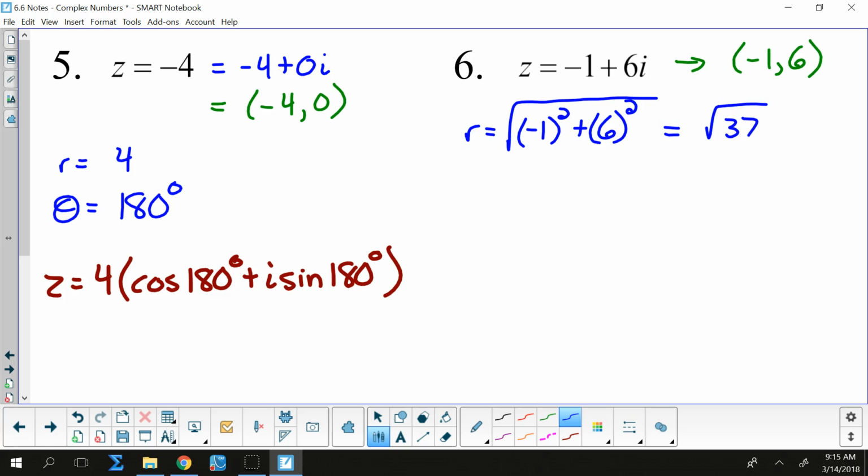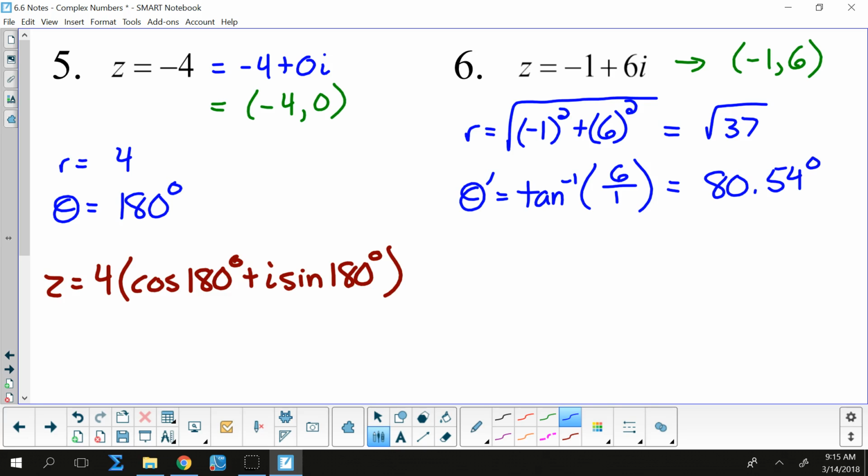Okay. Theta prime, because I'm not in quadrant number 1, is going to be the inverse tangent of B divided by A, dropping the negative sign. So that gives me the inverse tangent of 6, which is, what is the inverse tangent of 6? 80.54. Okay, so that's 80.54 degrees.